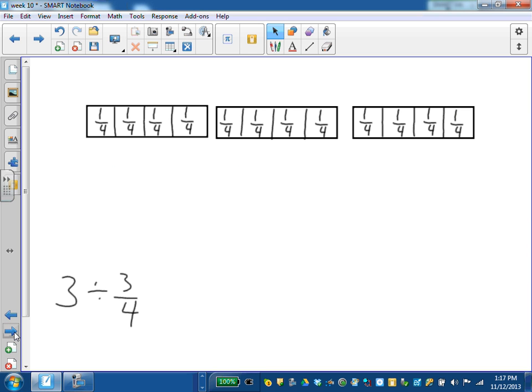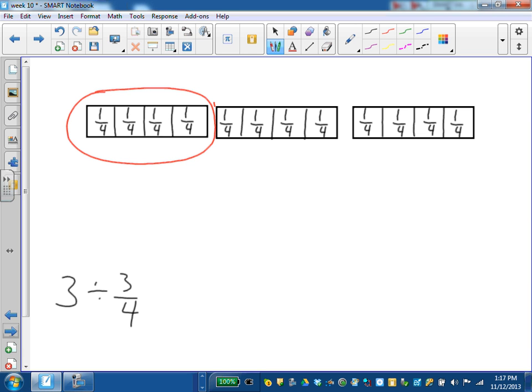Okay. So again, I drew 3 rectangles again, but this time I'm breaking them into fourths. So I went ahead and broke all 3 of my shapes into 4 equal parts. But the difference with this is I'm going to group them into groups of 3/4 at a time.